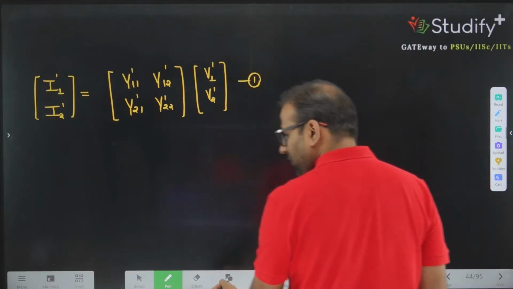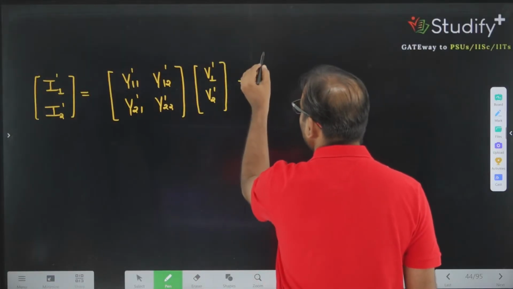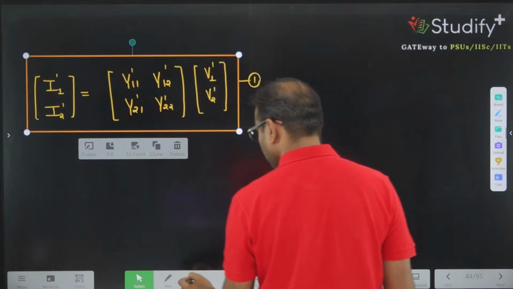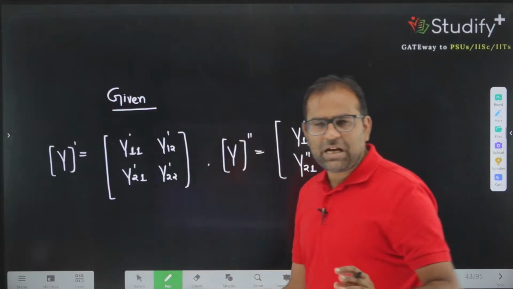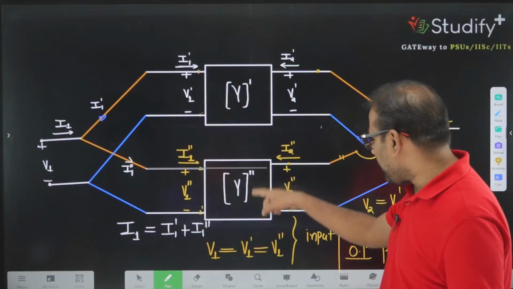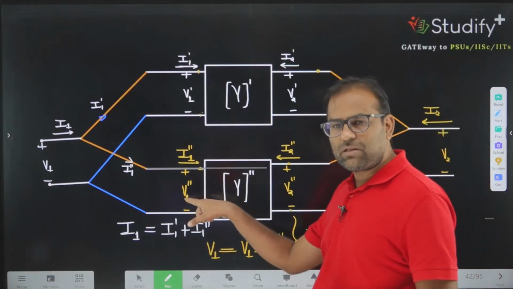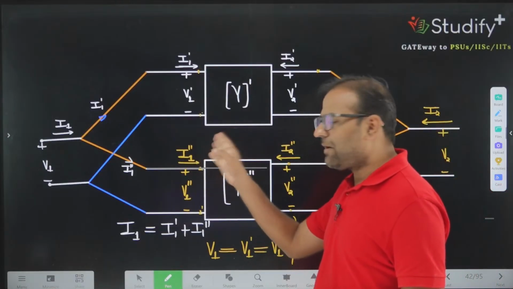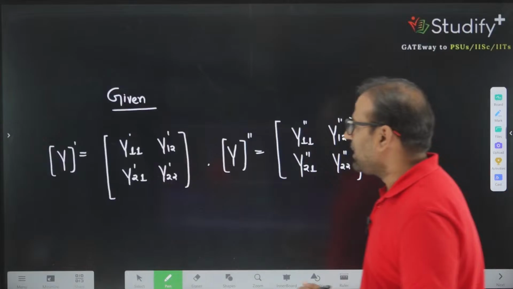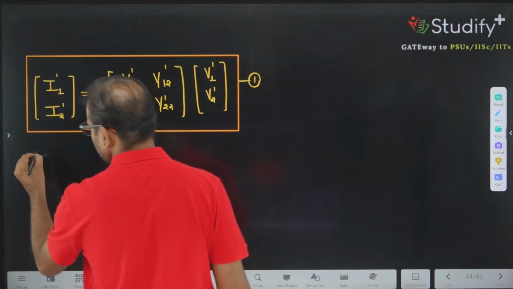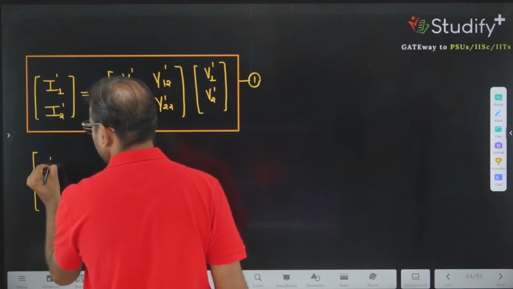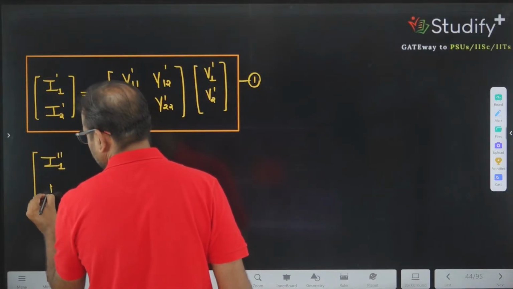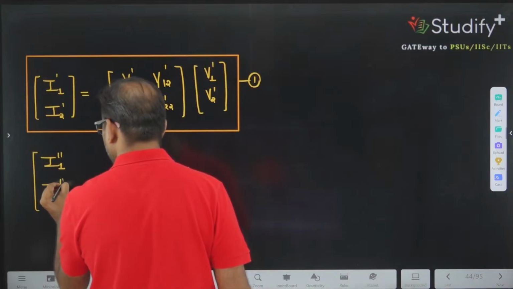What is the Y parameter for the second network? So the Y parameter for the second network will look like this. We are writing these parameters independently. So for the second network the voltages are V1 double prime and V2 double prime, and the currents we get here will be I1 double prime and I2 double prime. So I can write I1 double prime, I2 double prime.